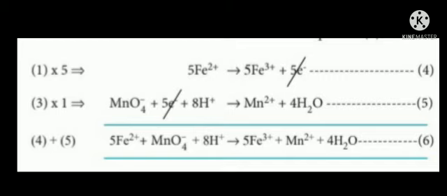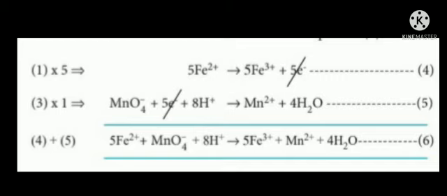Here, the 5 electrons in equations 4 and 5 get cancelled. Finally, we get 5 Fe2 plus plus MnO4 minus plus 8 H plus, which gives 5 Fe3 plus plus Mn2 plus plus 4 H2O. It is given by equation 6. Equation 6 is the balanced chemical equation for the given reaction.